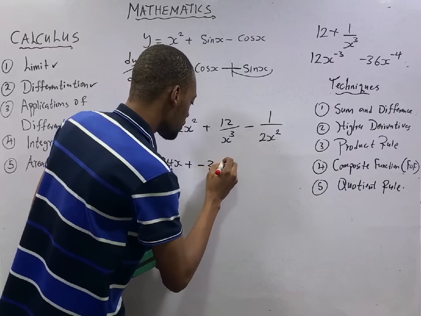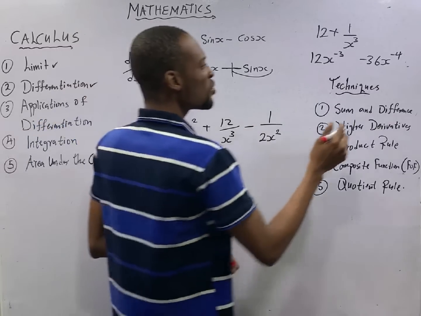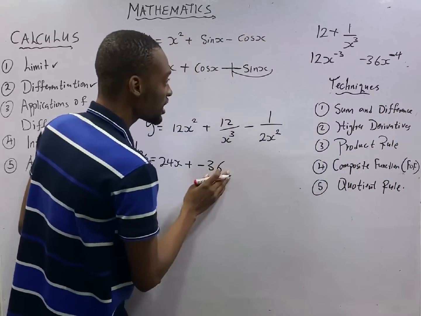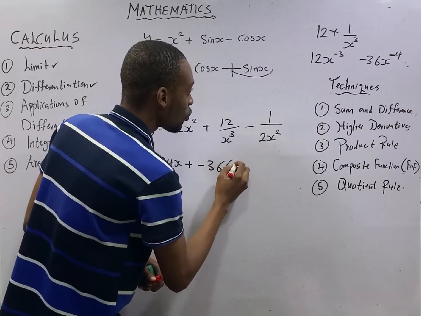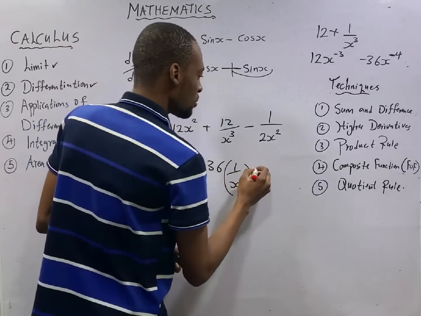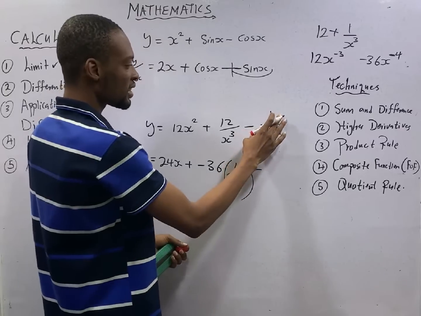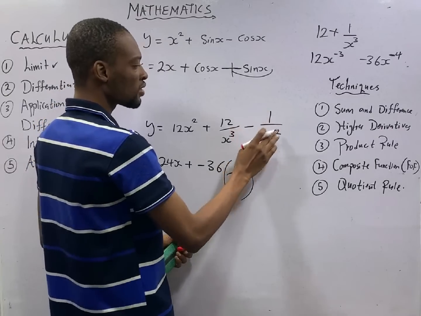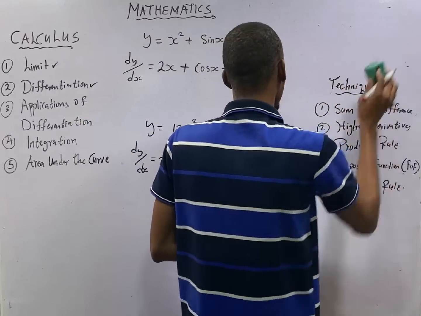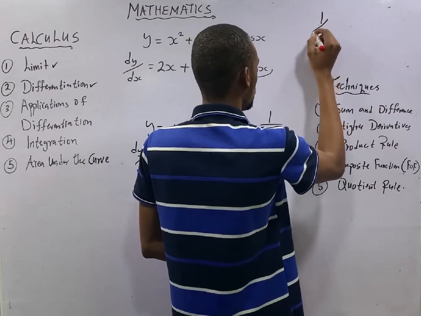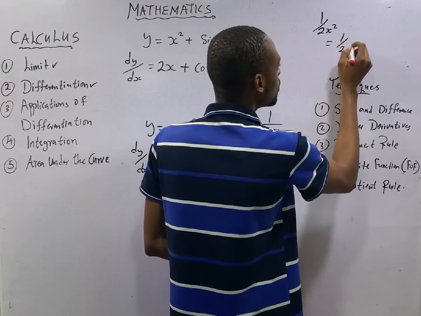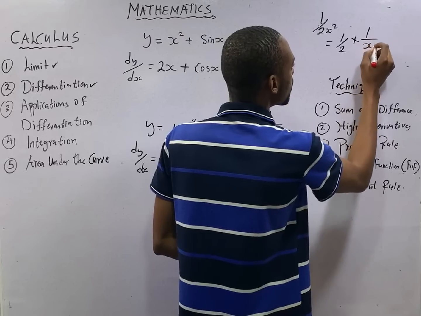Minus 36. I told you minus on top here means 1 over. So minus 36, 1 over s raised to the power of 4. That is it. Then minus. Look at here. 1 over 2s squared is the same thing as 1 over 2 times 1 over s squared.